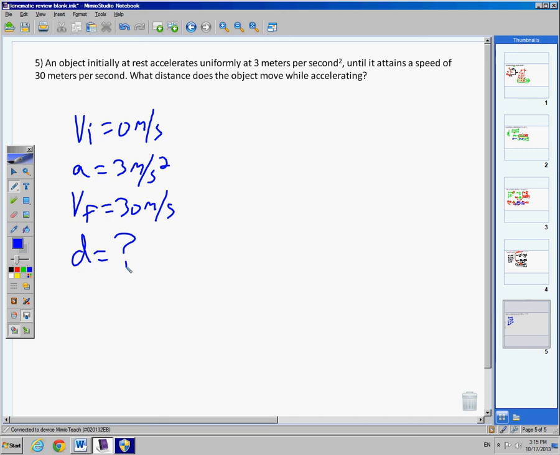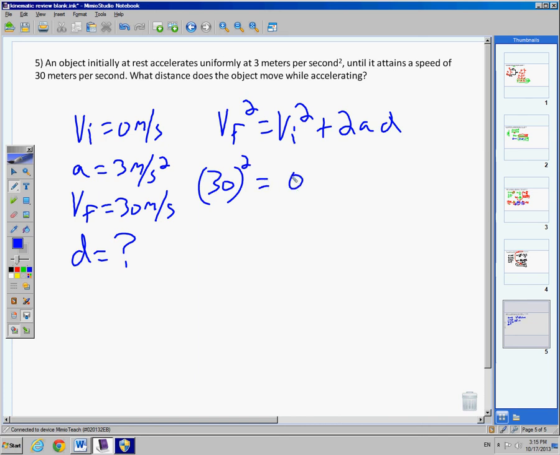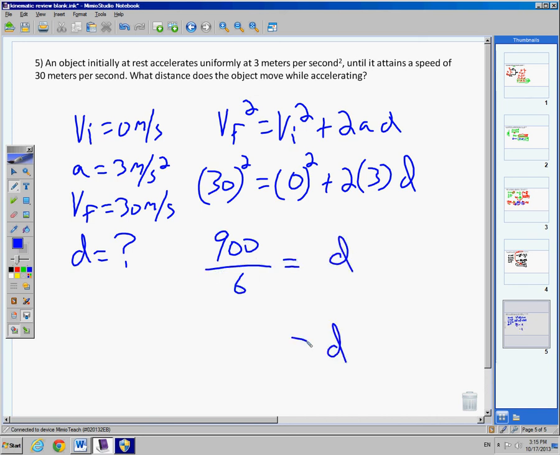I'm going to use VF squared equals VI squared plus 2AD. VF squared is 30 squared. I'm going to leave out units to make this a little easier because I have a small board. 0 squared is 0 plus 2 times 3 times unknown. So we have 900 divided by 6 equals D. D equals 150 meters.